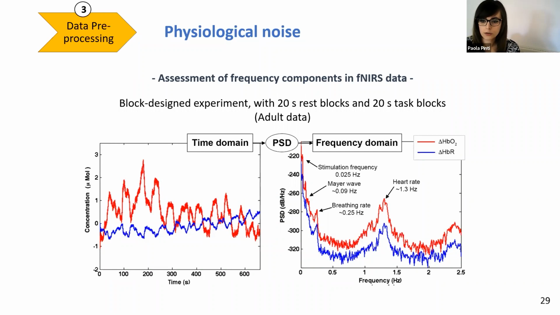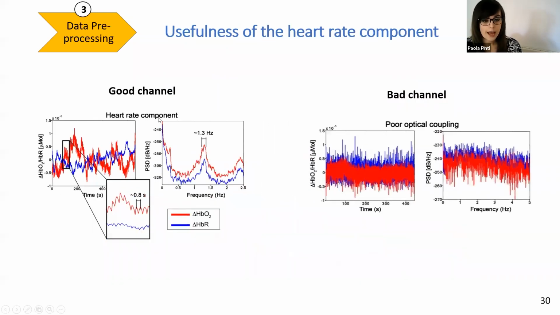And this tool can also be useful to assess the quality of our fNIRS channels, especially looking at the heartbeat rate. In fact, if we have a good channel, it means that we have a good coupling between our optodes and the scalp.